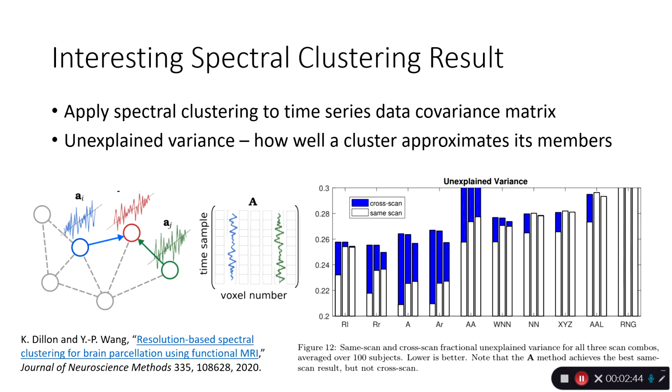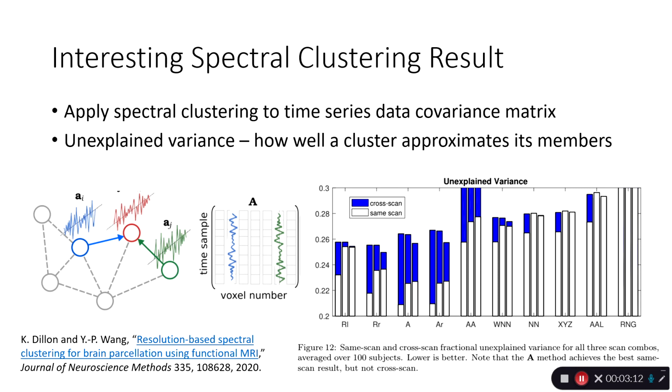For a clustering of a data set, I'm looking at how well the centroid of a cluster, that is, the average over everything in the cluster, describes all the signals within the given cluster. Then I average that over all the different clusters together and get a total unexplained variance metric. That's essentially a scaled version of the metric which is being optimized by k-means clustering.